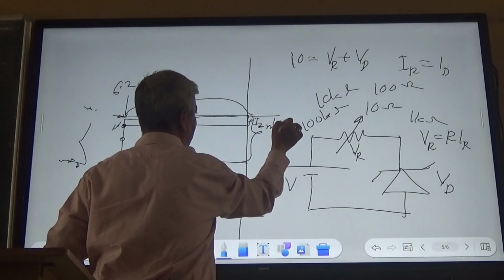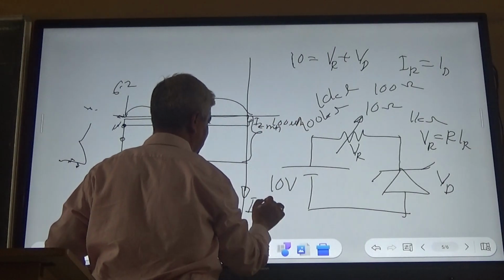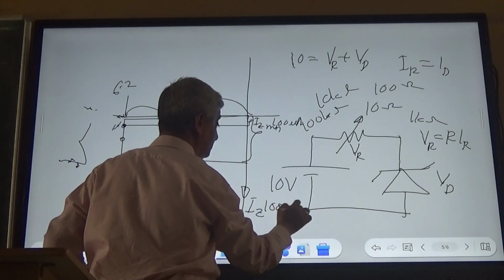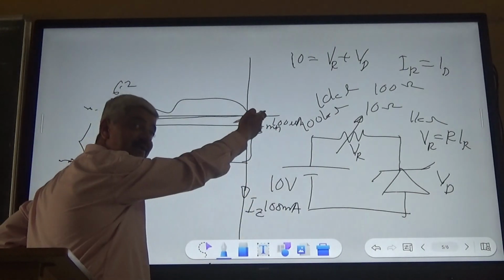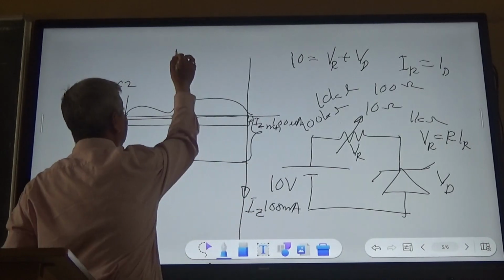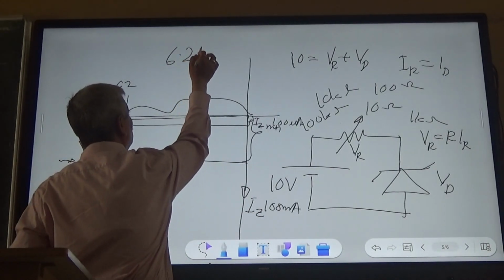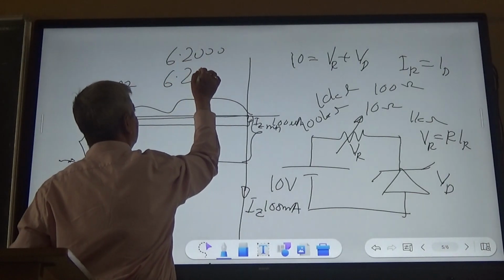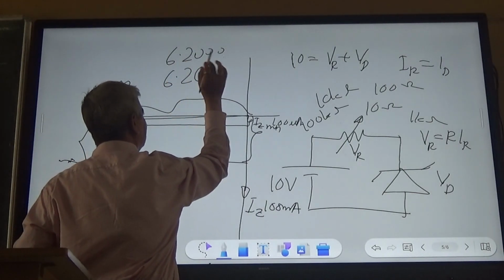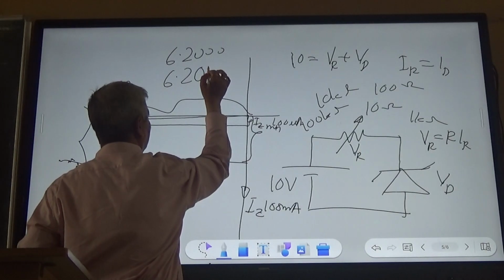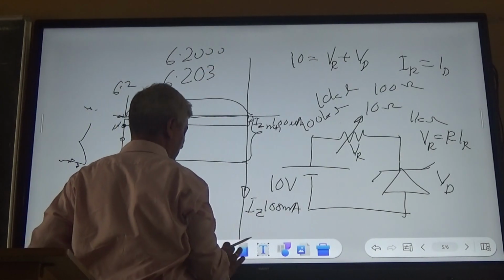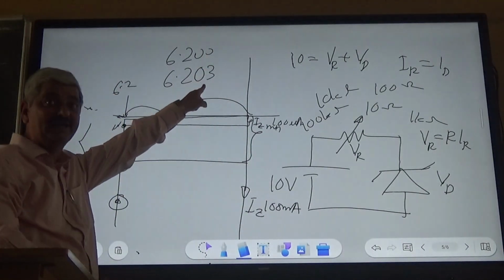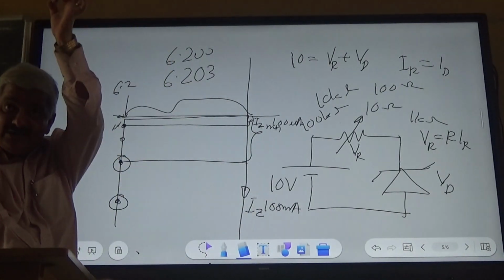This is 100 microamperes, and if it is say 100 milliamperes, over the variation of 100 micro to 100 milli, it is 6.2000 to 6.203. Just an example, not exact. It is not exactly vertical.